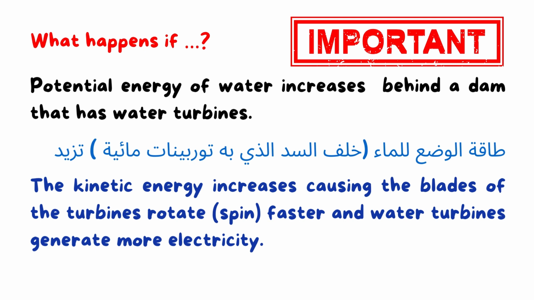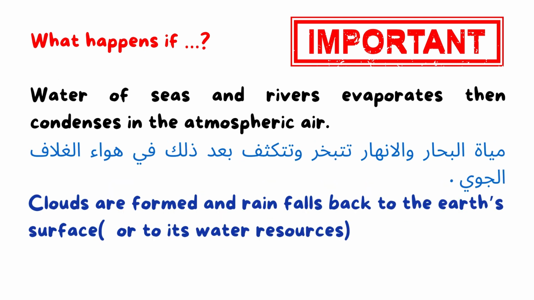Okay, here we have the last question today. What happens if, and this is also a very important question, water of seas and rivers evaporates, then condenses in the atmospheric air? Okay, what will happen when water of seas and rivers evaporates, then condenses in the atmospheric air?